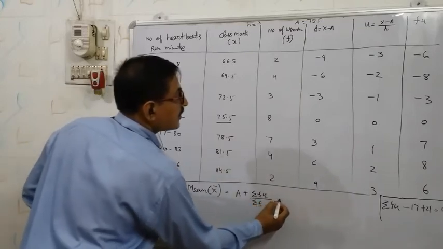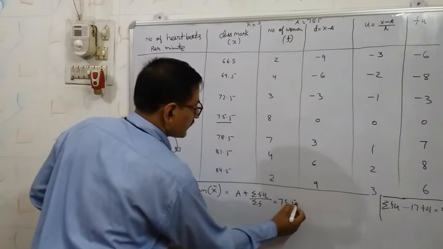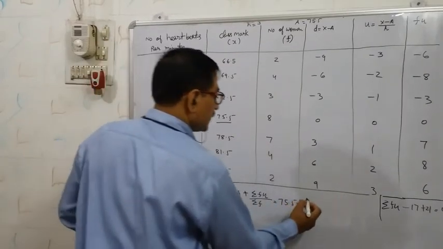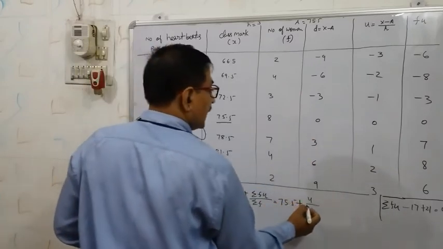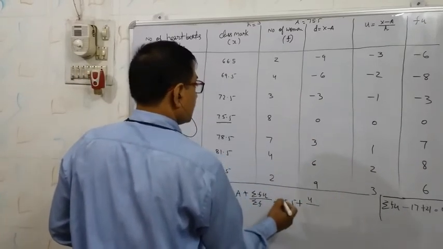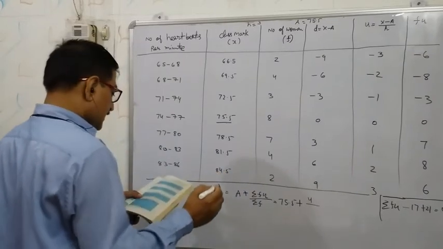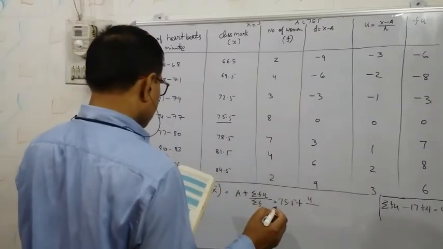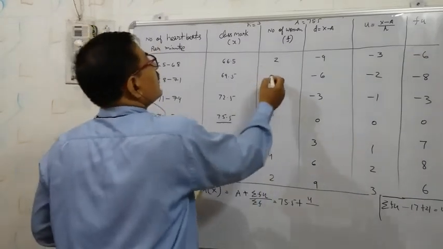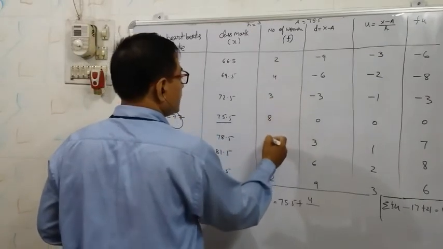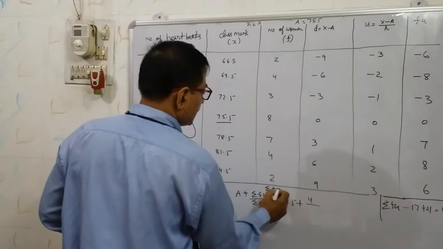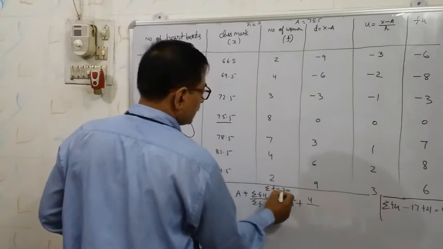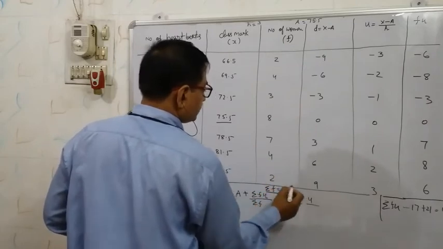A is 75.5, and sigma fu is 4, positive being greater. Divide by sigma f. Sigma f is the total of the frequencies, which you will calculate: 2, 6, 9, 17, 24, 28, 30. So sigma f is 30, the addition of this column.